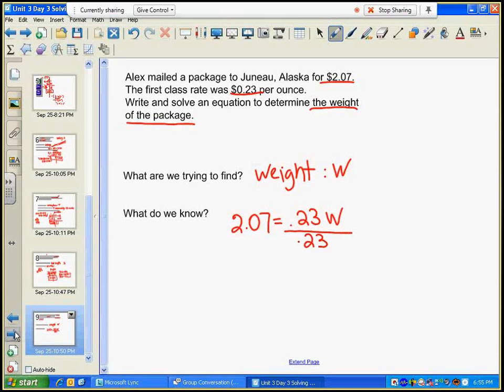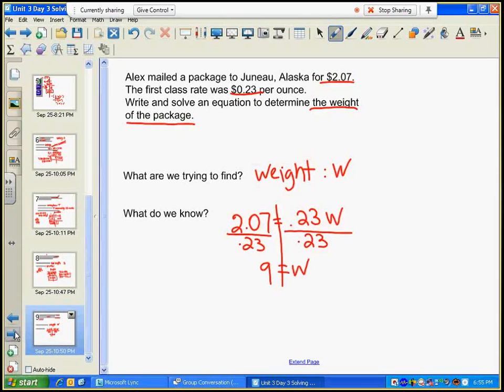I divide both sides by 0.23. I'm going to do this one on my calculator. Okay, I have 2.07 divided by 0.23, and I end up with 9 is equal to W. That's pretty simple, nice and beautiful.